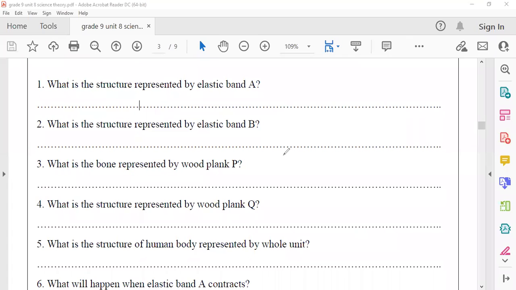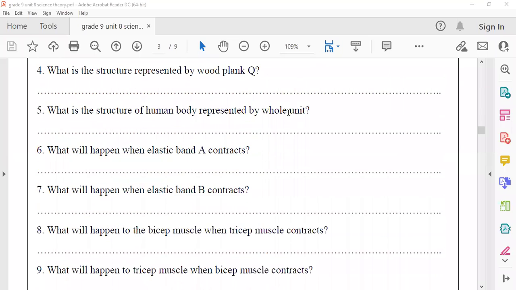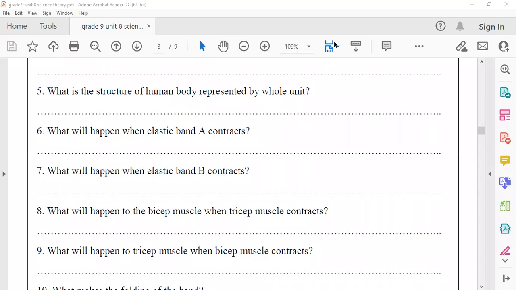Right. What will happen when elastic band B contracts? Elastic B relax? No, that will not happen actually. That is only in the human body, not in the rubber band.